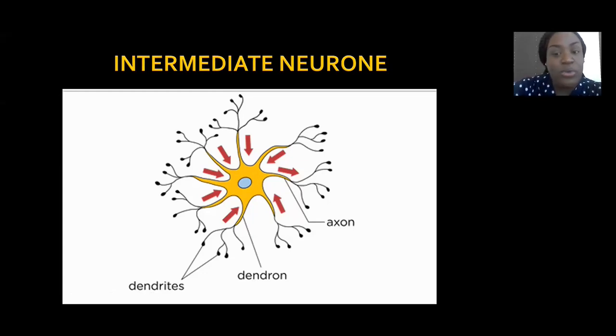And notice there is only one arrow that is pointing away from the cell body. This indicates that this branch here in particular is the axon. Remember, the axon is the pathway into which those messages will travel from one neuron to the other, okay?